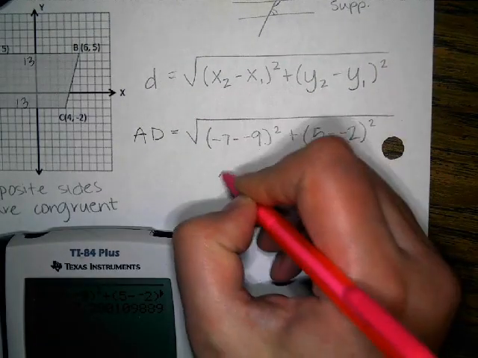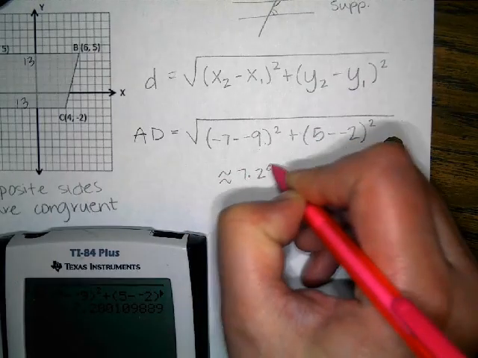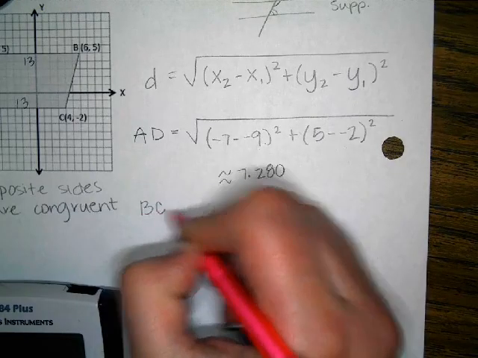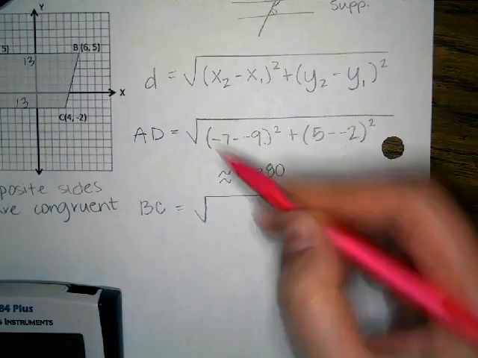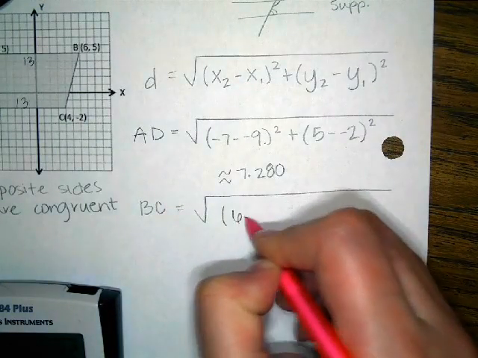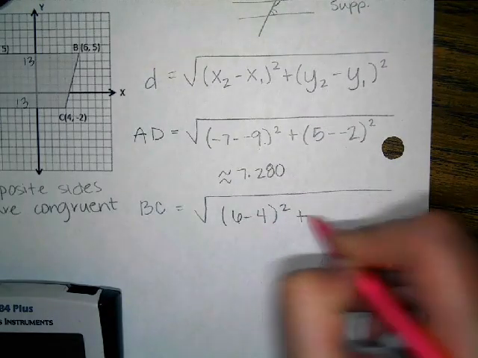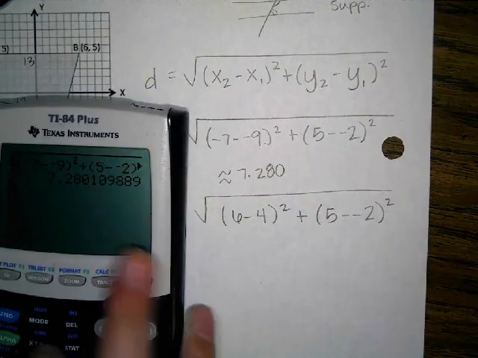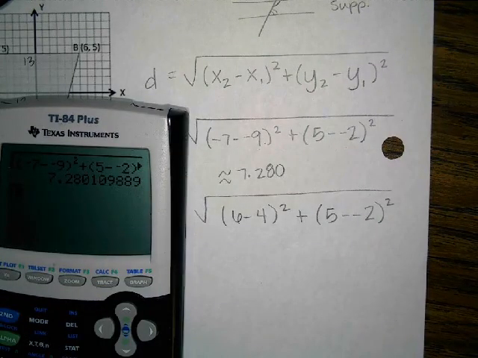Okay, let's do the other one. So we're going to do from B to C. I'm going to do it the same way. So I'm going to do this x minus this x. So I'll do 6 minus 4 squared plus the y minus the y. No, because of the plus sign. And do we get the same thing?